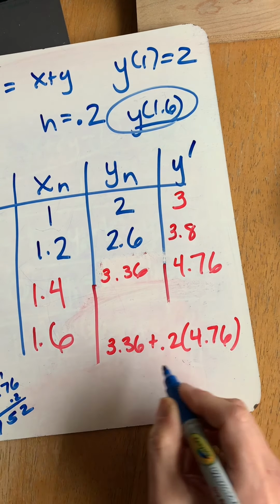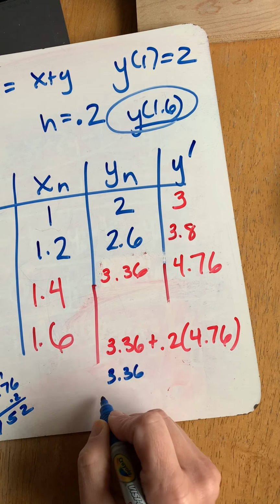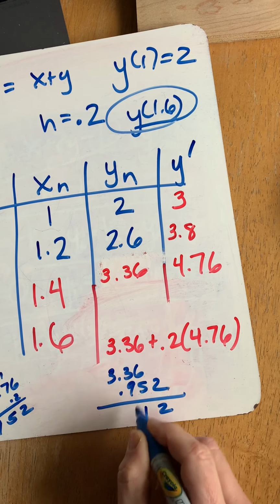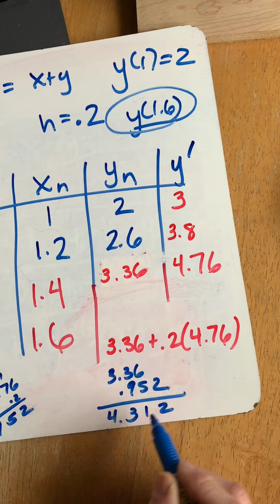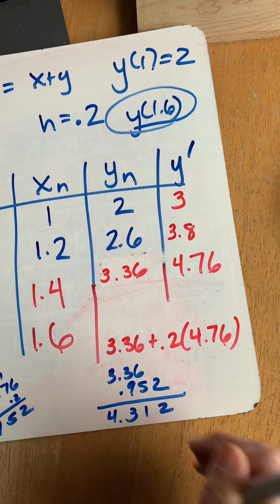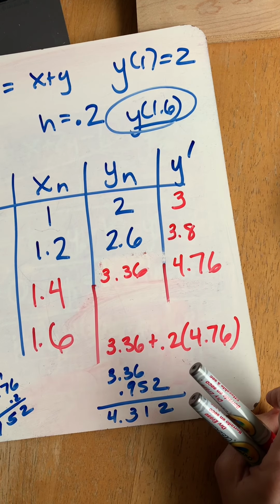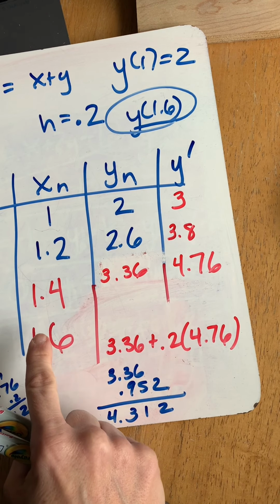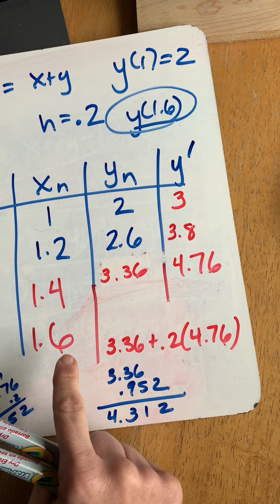So I have 3.36 plus 0.952. I get that. Are we right? I don't know. Let's fill this out. So 1.2. Hopefully if you got what I got, then you can just turn it off. But I'm gonna go and just put all this in and see if we're right.